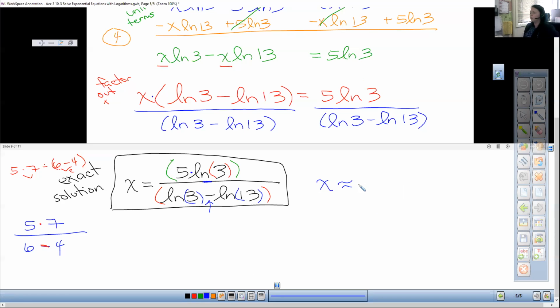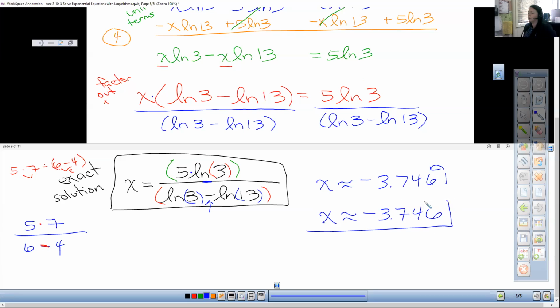Okay, so here we have negative 3.7461. That 1 tells us the 6 will remain a 6 this time. And here is our approximate solution.